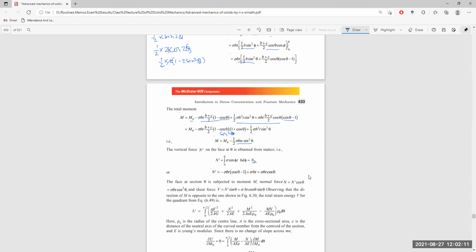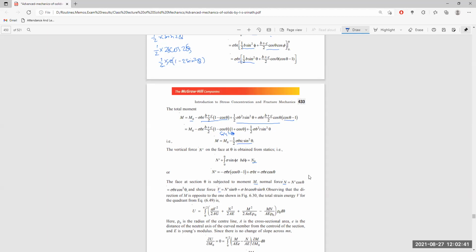Now if the phase at section theta is subjected to moment M, the normal force N is given by this function itself, and another shear force V, which is the N sin theta itself, is equal, by the same method, N dash is equal to V into bt cos theta and cos theta sin theta, which is the phase N. So these are the forces acting here, other than over this quadrant.